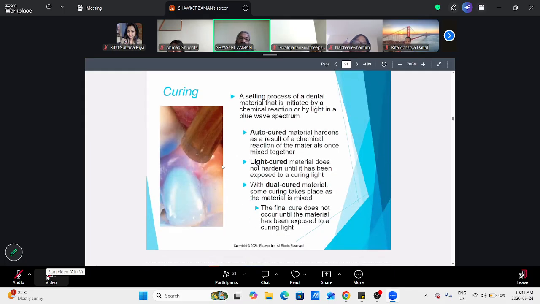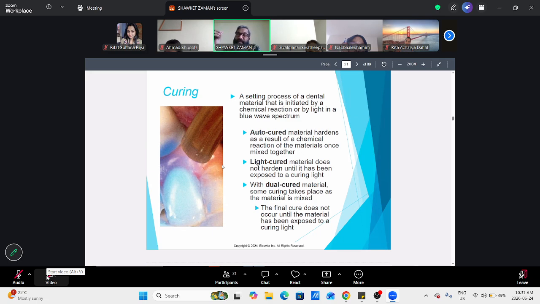Now the next is curing. Curing means the dental materials need some sort of energy to bond together, to complete their reactions. The materials may react to each other by themselves. That is called auto-cured.